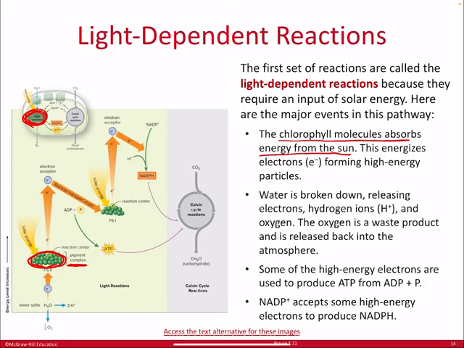Well, another thing that happens is this electron then gets passed along down this electron transport chain. This electron transport chain will produce ATP. Right? So the energy from here is used to make ATP.